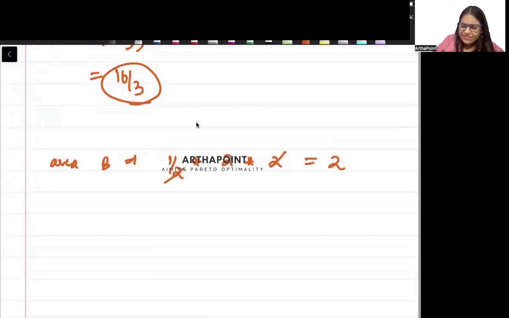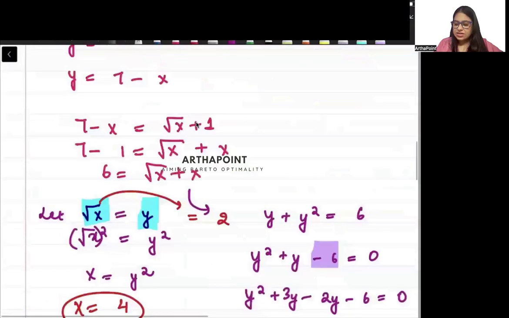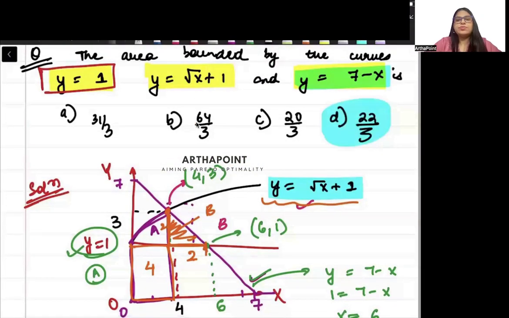So what can we say about the total area? 16 by 3 plus 2, which is 16 plus 6 by 3, which is 22 by 3. The correct answer to this question will be 22 by 3. That's the answer to this question. Okay? All right. Thank you.